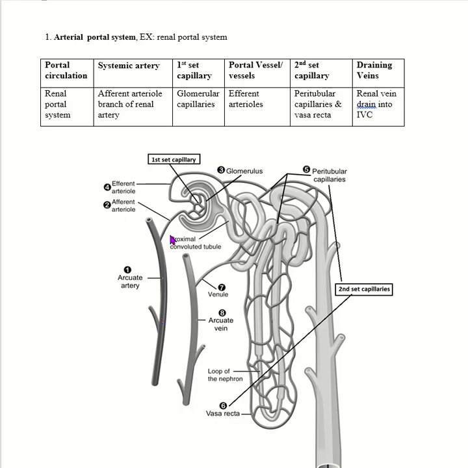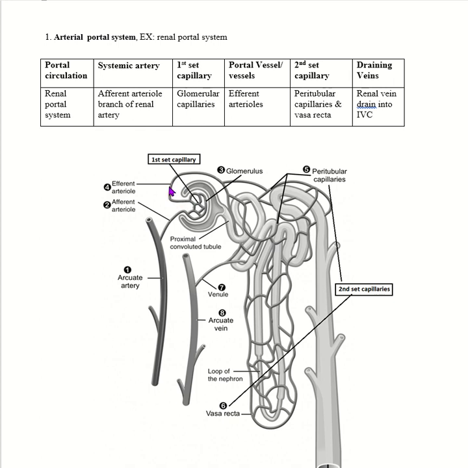This is the example of the renal portal system. This is the renal artery and a smaller branch of the renal artery, the arcuate artery, then the afferent arteriole, and the first set of the capillary is within the glomerulus, and this capillary does not continue as a vein.